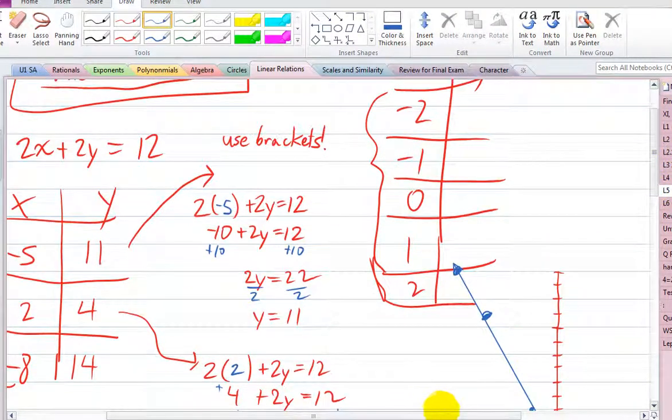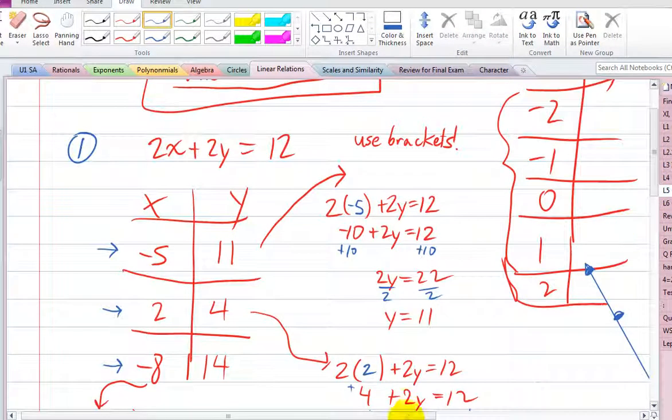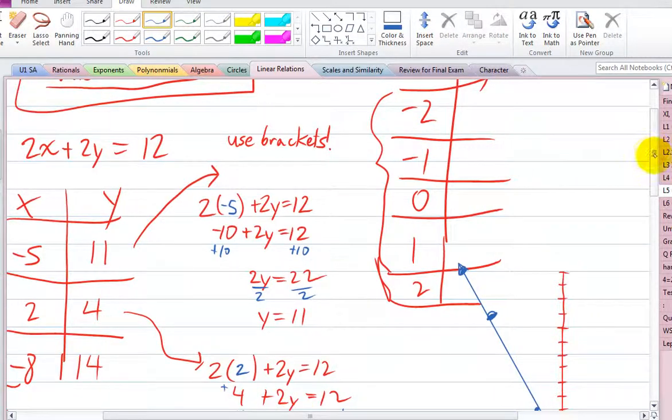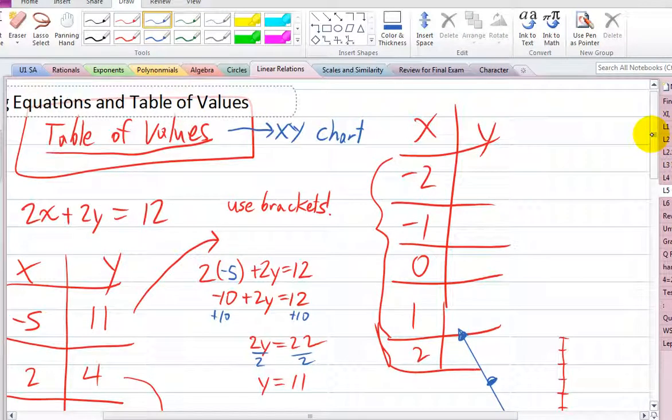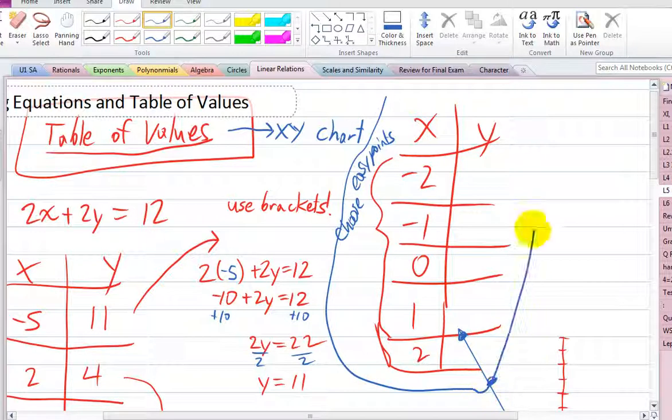Now, we had specific values here, but if you don't have specific values, you want to choose easy points. So please write this chart down, choose some easy points. Those are some easy points to use: -2, -1, 0, 1, and 2.